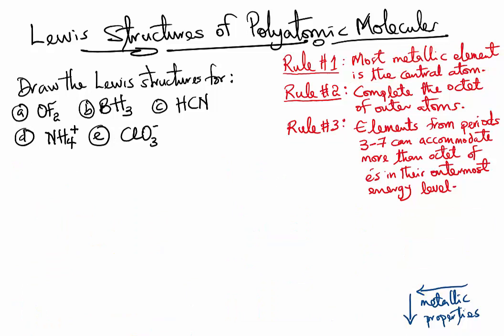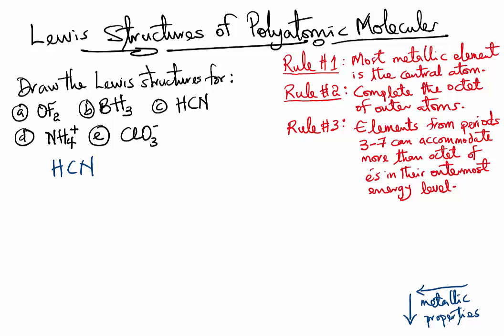In question C, we want to draw the Lewis structure for HCN. Again, we need to first find the central atom. We have H, C, and N. Hydrogen cannot be the central atom.